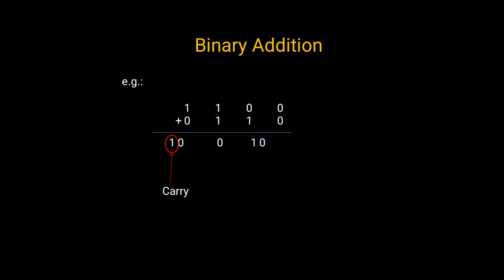Here 1 plus 1 is sum 0 and carry 1. So the carry is forwarded here. So you can make the addition here. 1 plus 0 is 1. Here again carry 1 is there. So 1 plus 1 is sum 0 and carry 1. Here the carry is 1.